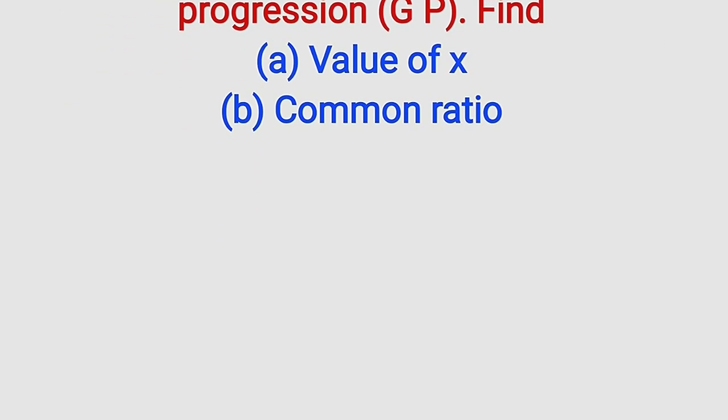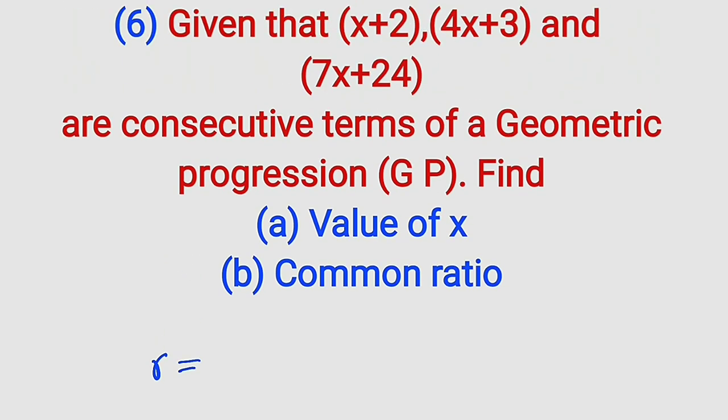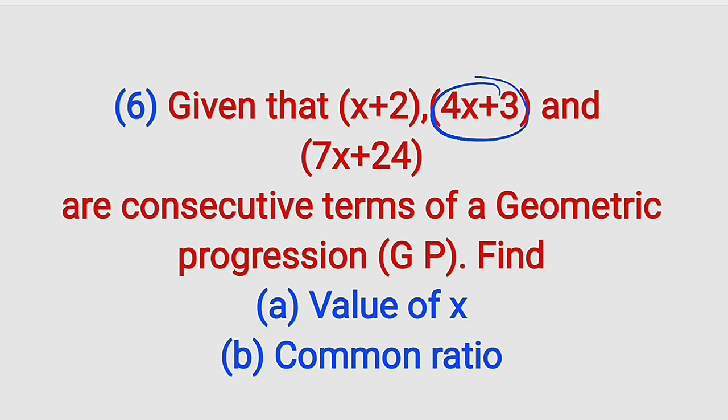In geometric progression, the common ratio, which is denoted by R, is always equal to any term divided by the term before it. So we can take this and divide by this, which is 4x plus 3 divided by x plus 2.